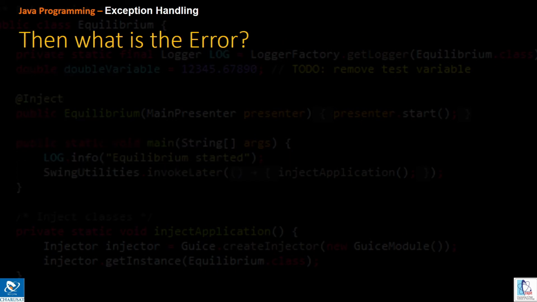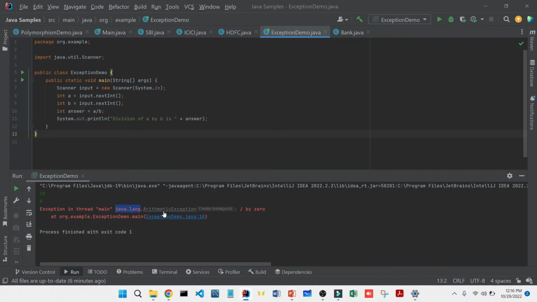Then, what is an error? You must be confused, since there is an error and there may also be an exception, right? So let's try to understand with the help of an example. I'm going to take the same class over here. Suppose I remove the semicolon from here. This is an error. Which kind of error is it?